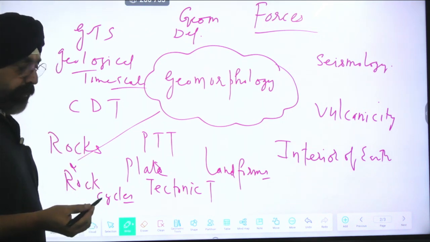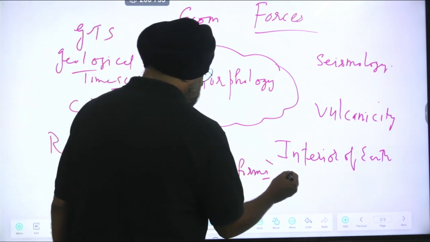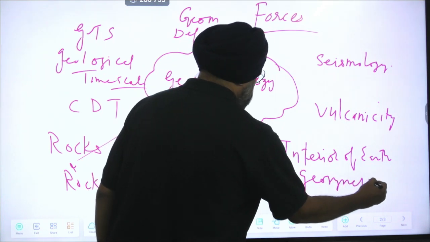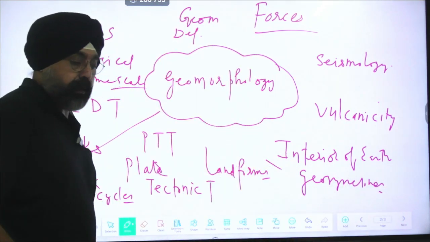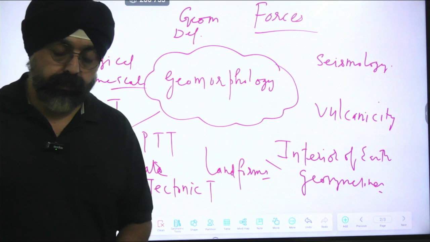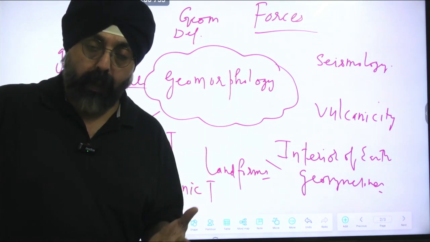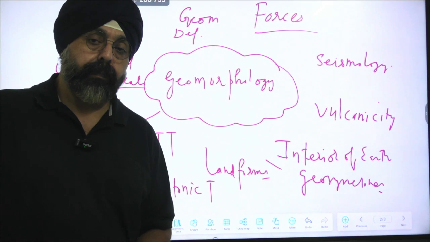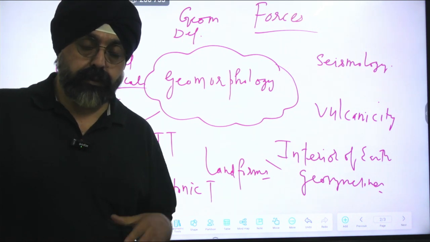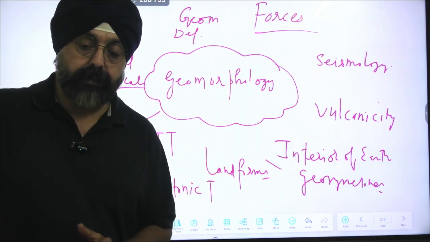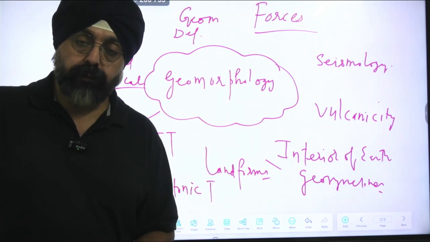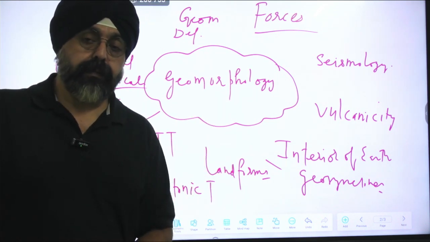And to some extent, we study the geosynclines also there. Because these geosynclines are helpful in the understanding of mountain building, the fold mountains especially. Plate tectonics helps us in understanding the formation of the block mountains, the rift valleys.